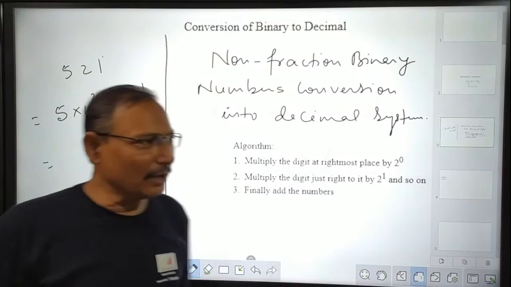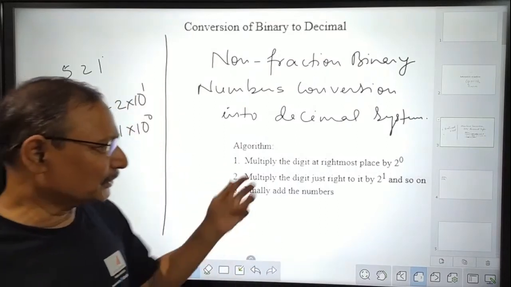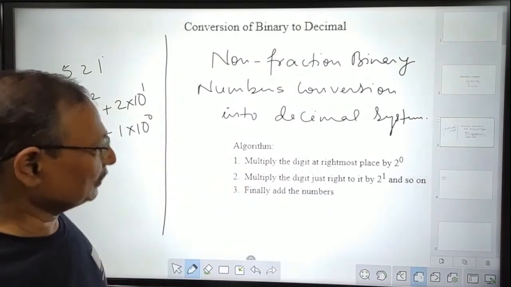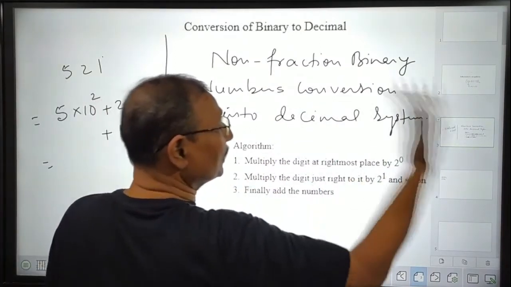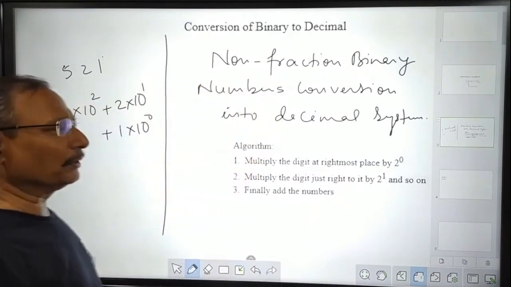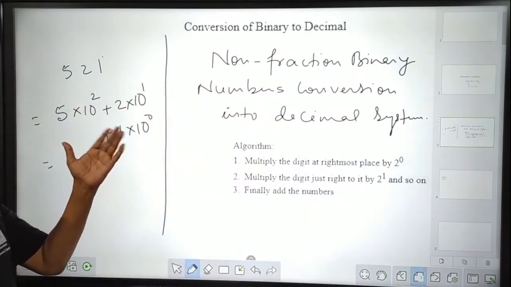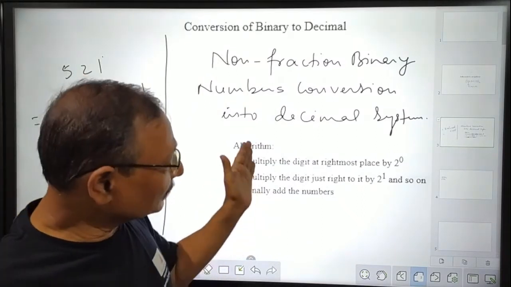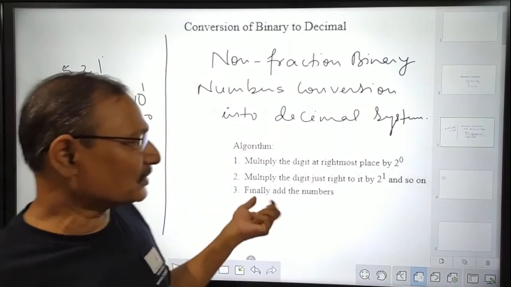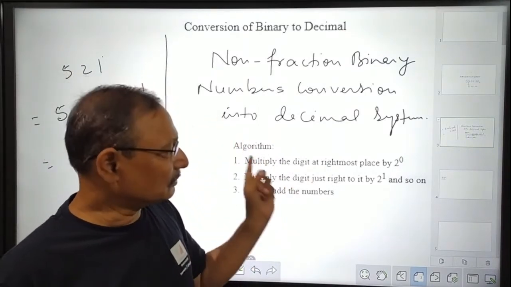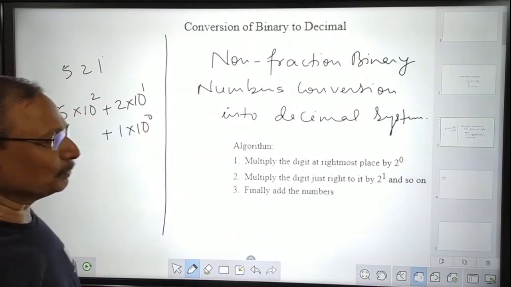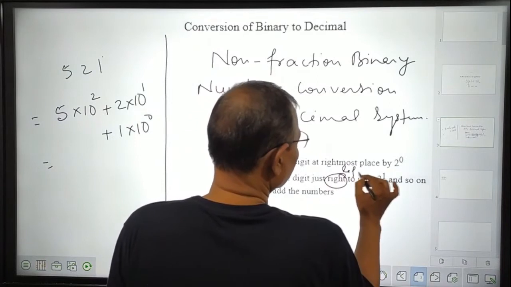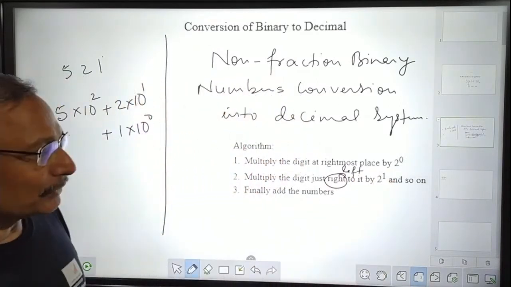Using the same algorithm in binary, we can convert any non-fractional binary number into a decimal number. Multiply the digit at the rightmost place by 2 to the power 0, just as we did here by multiplying by 10 to the power 0, and multiply the digit just left of it by 2 to the power 1, and so on.